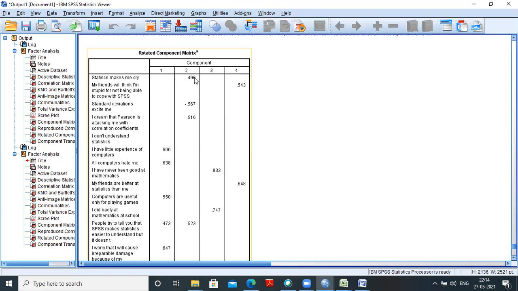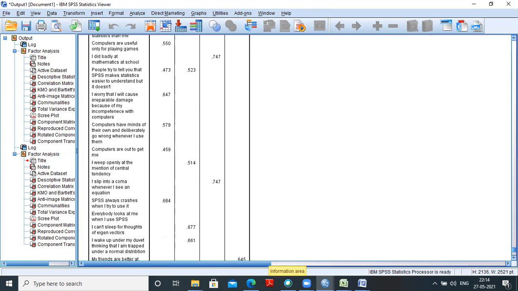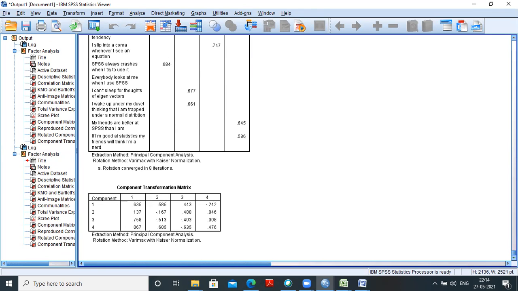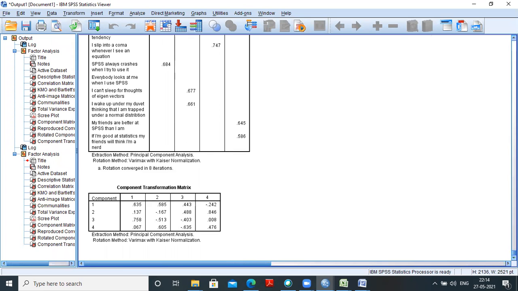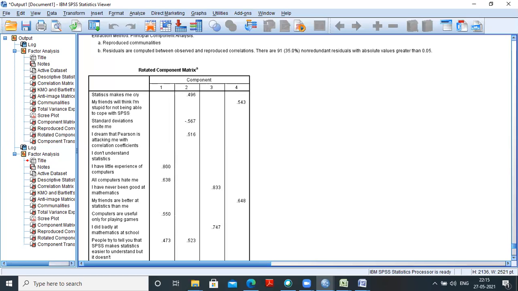Now it is clear that the first variable loads on second, then second on fourth, these two variables load on second component, these two load on first component, and this variable loads on third component, and so on. Almost all the variables are loaded on one component. So our purpose is solved. By applying Varimax rotation, interpretation becomes better.